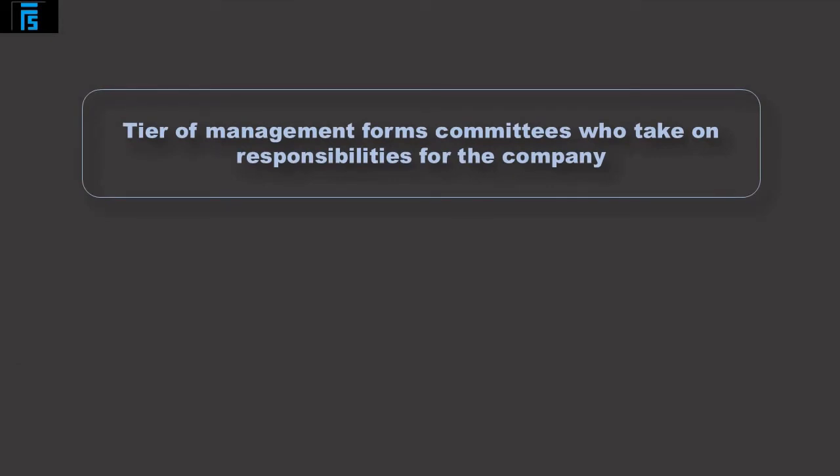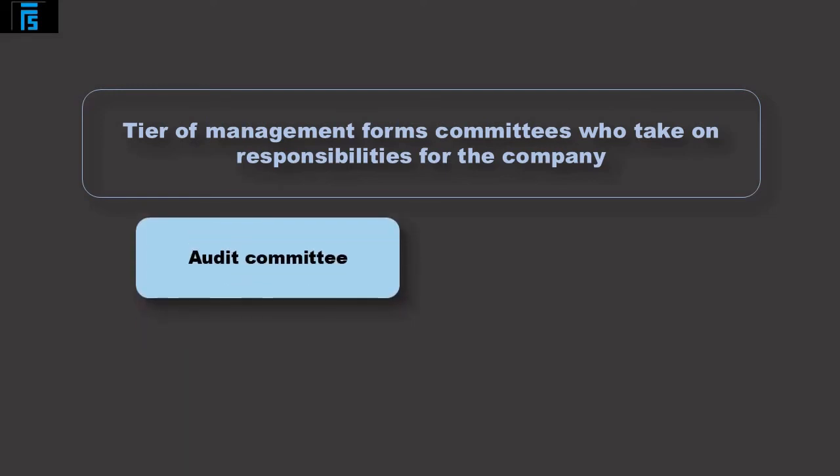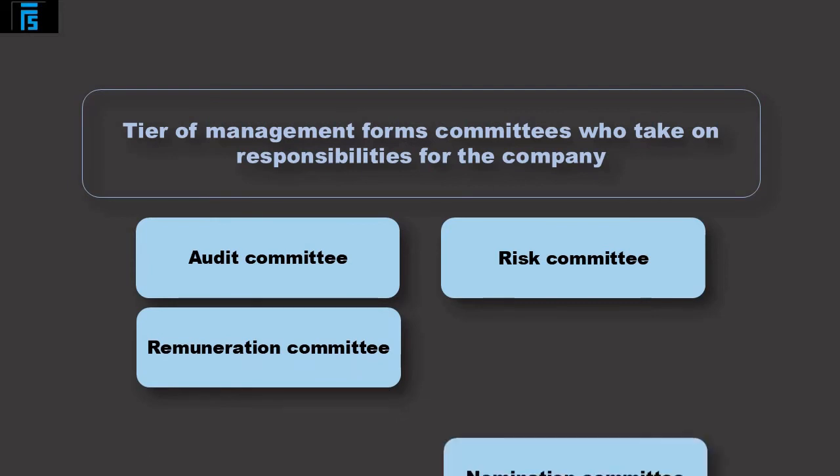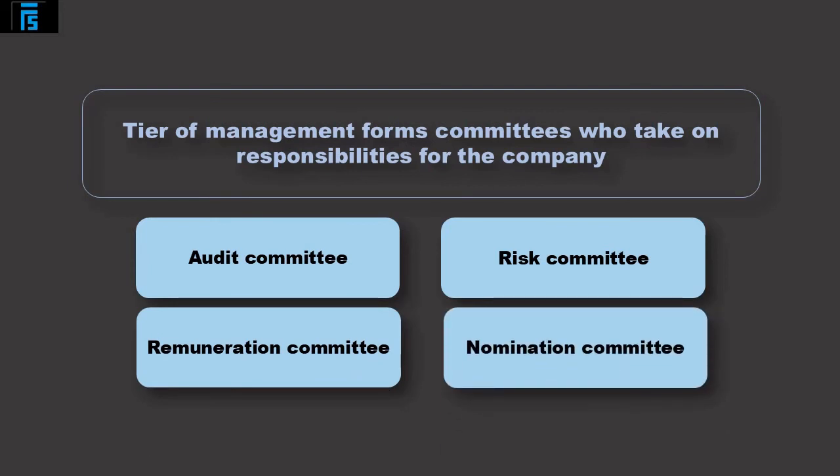This tier of management would then form committees who take on responsibilities for the company. The committees are the Audit Committee, the Risk Committee, the Remuneration Committee, and the Nomination Committee. The Audit Committee is responsible for financial reporting and system control matters.